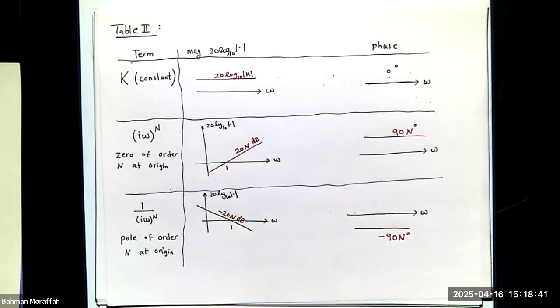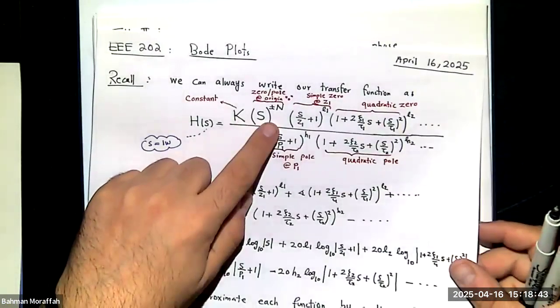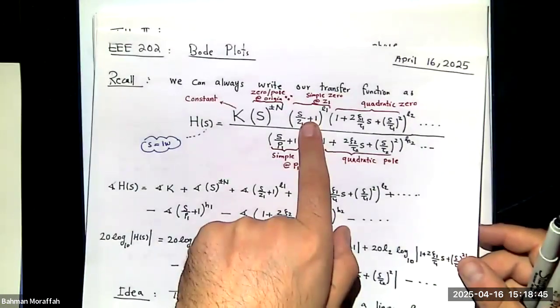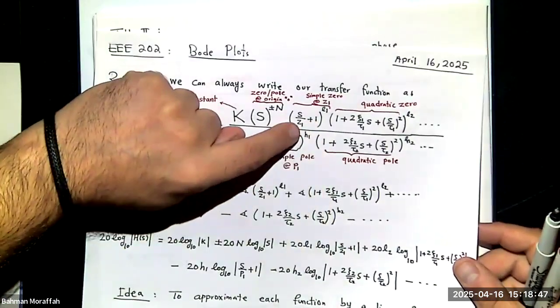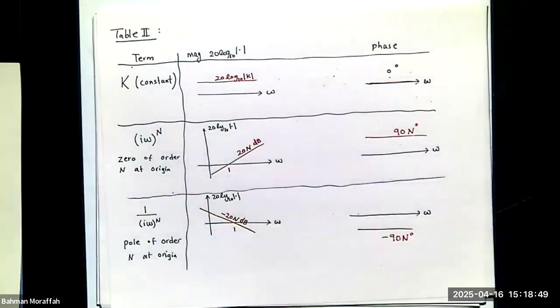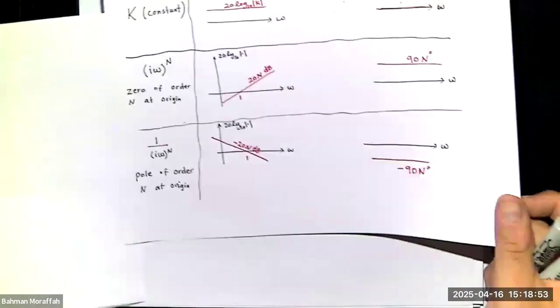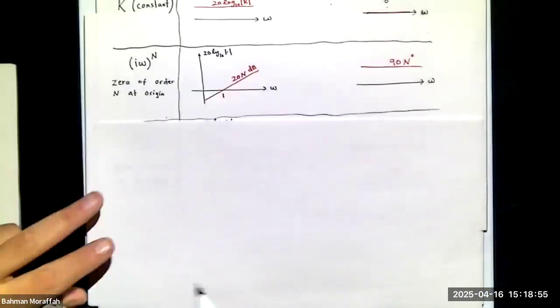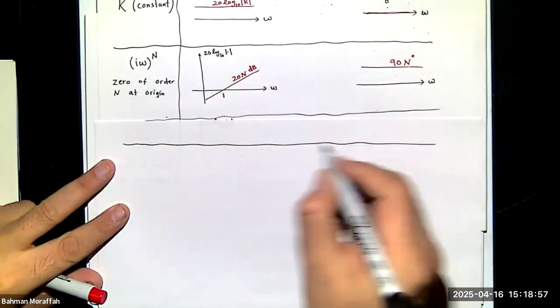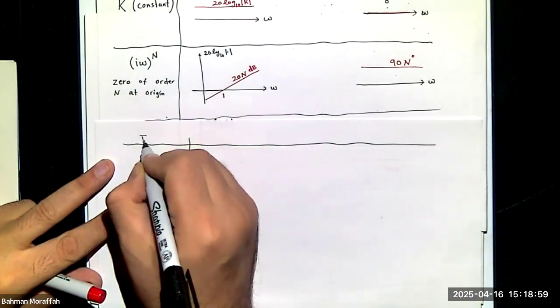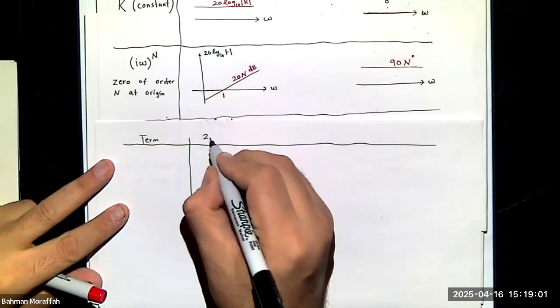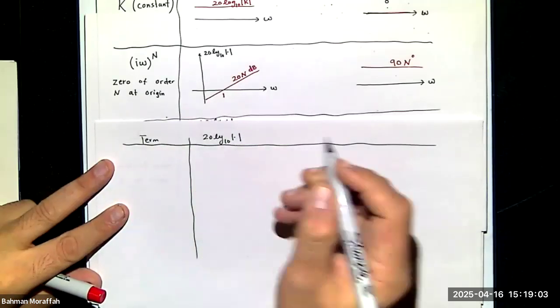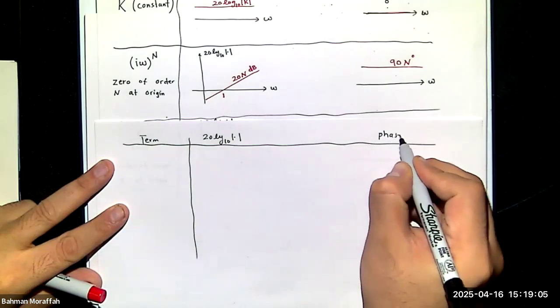So far, we talked about these two. Now we have to talk about the simple 0 that's happening at this z1, right? So again, this is my term. This is the magnitude, 20 times log 10, and this is the phase.